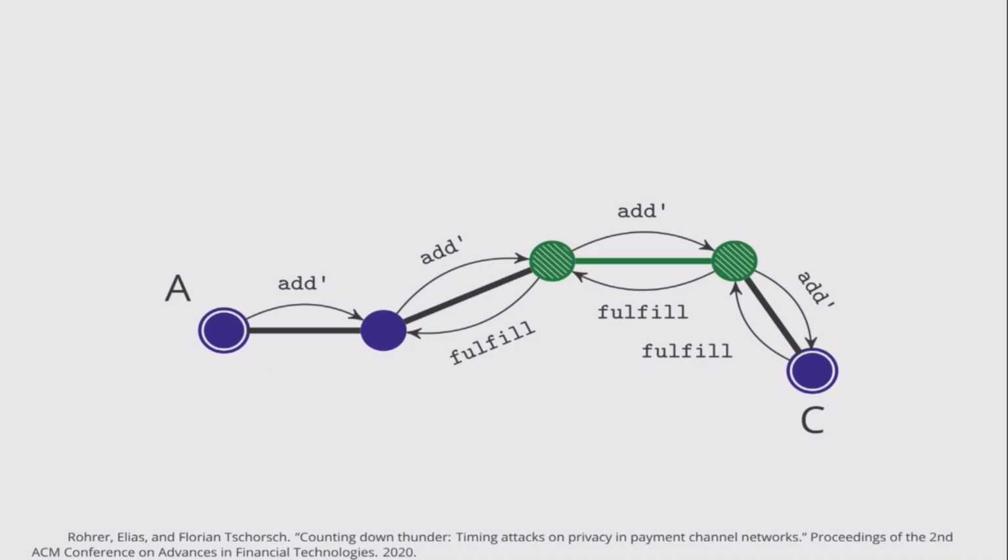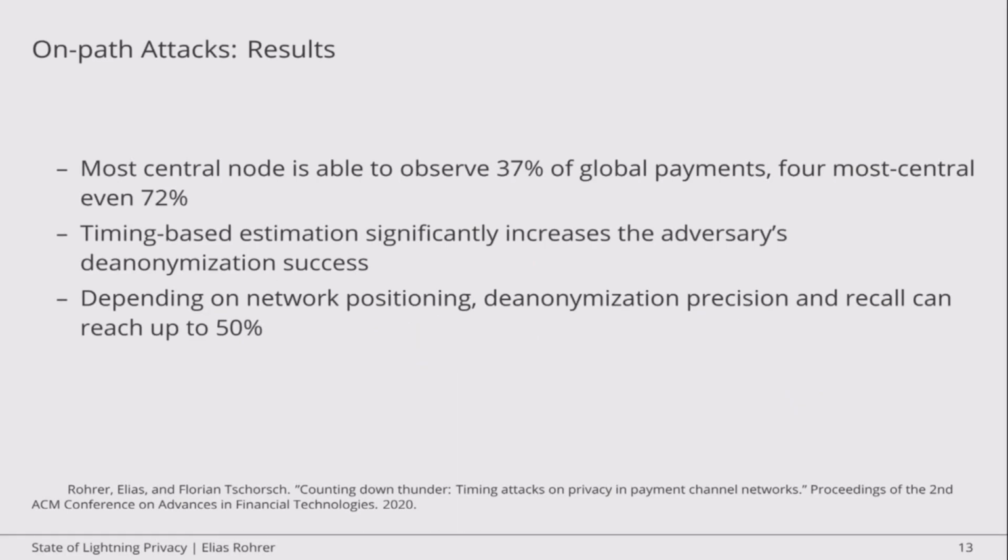If they have built a timing model of how far away the adversary is from any given destination in the network, they can run a maximum likelihood estimator to estimate the most likely sender and receiver endpoints, and they can break privacy through that.